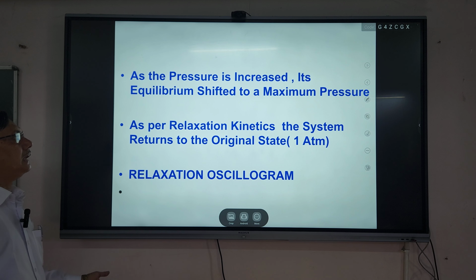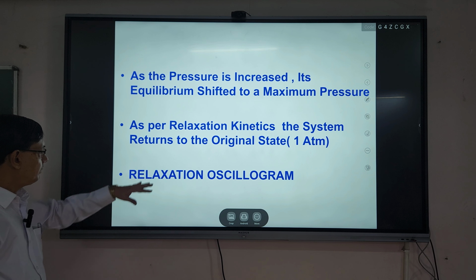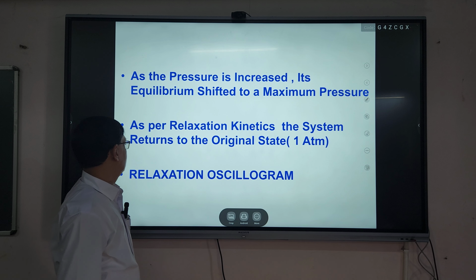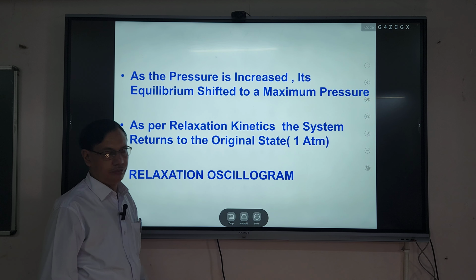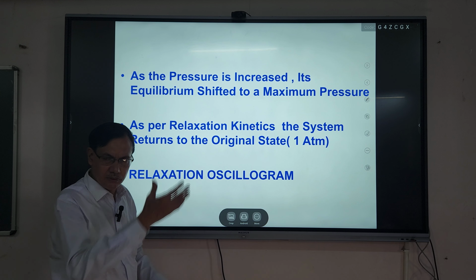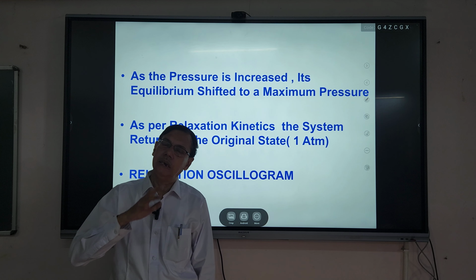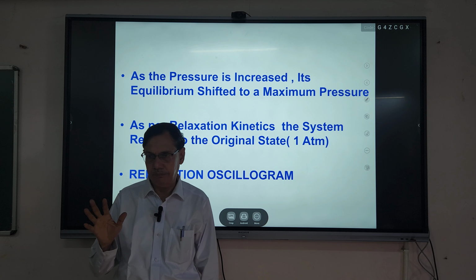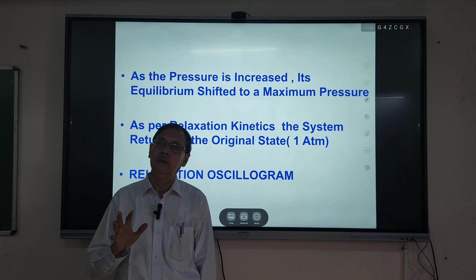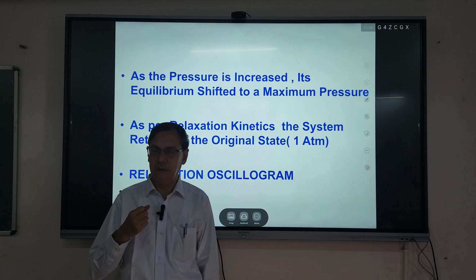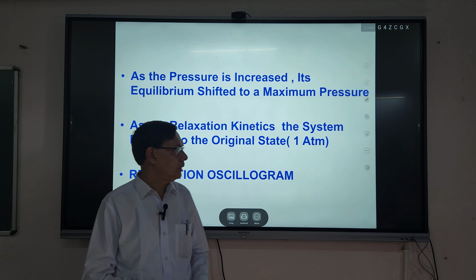And as per relaxation kinetics, you know that the system again returns to the original state, and that type of diagram is called the relaxation oscillograph, to know the change in resistance with respect to time. That is the theory. And if you see some of the physics books, you will understand.